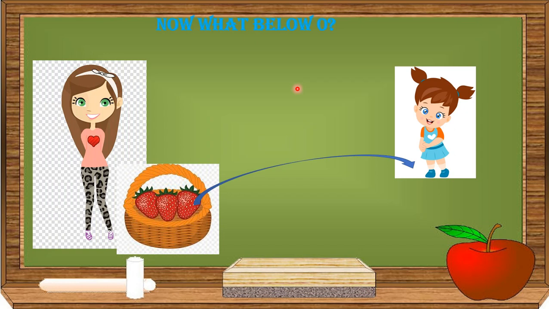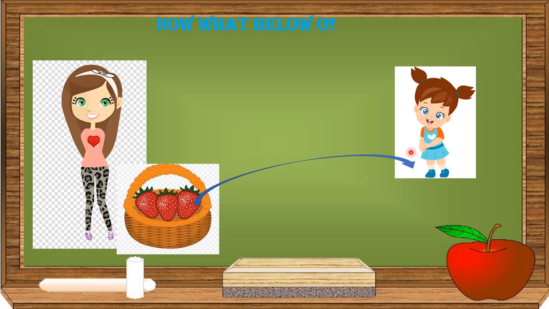Now when she gives one strawberry, at present the number of strawberries with this girl is 0, as she has no strawberries and she is borrowing some strawberries from her sister. So now she has to return how many strawberries? 1.